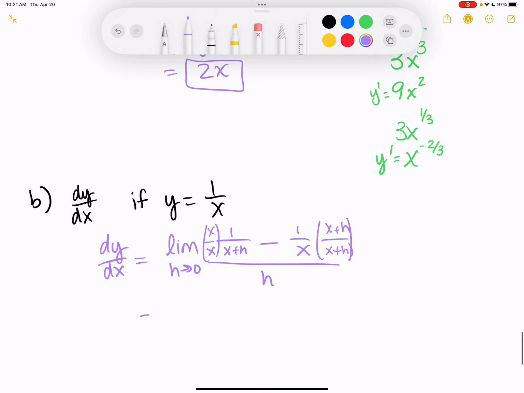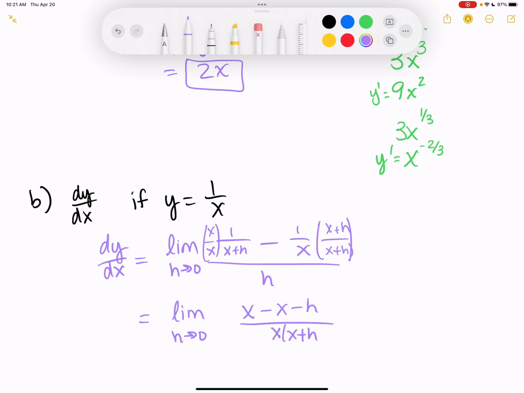So I have the limit as h approaches 0 of, I'm going to go ahead and write this all as one combined fraction, just again to save another step. So x minus, and you can either do it as parentheses x plus h, or you can do minus x minus h, because this minus is going to everything, over x times x plus h.